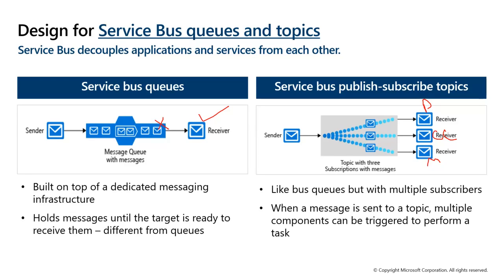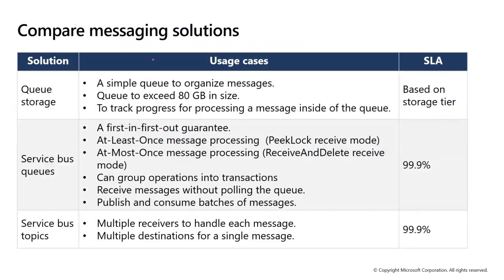Okay, so this is an option that we have for the applications. This is based on the messages. Okay, if we compare the solutions, folks, the QE you can see here is based on a storage, so we need a storage account.